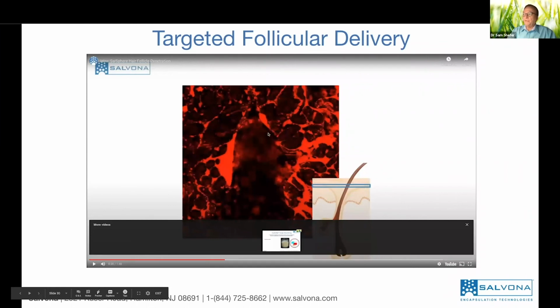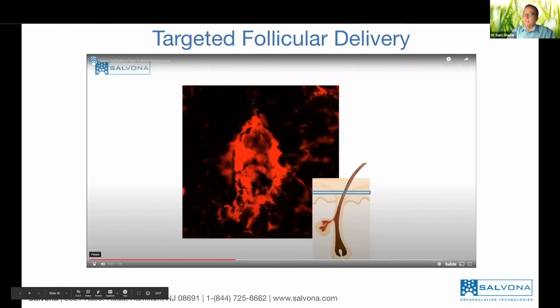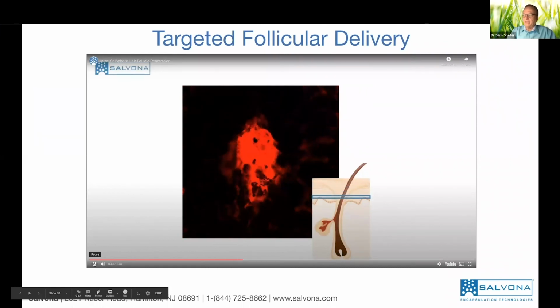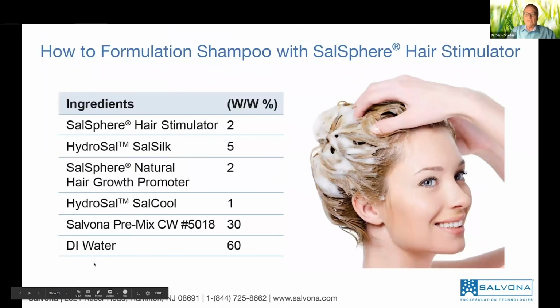And what I'm showing you with the arrow is the hair follicle. It's a pretty big follicle on pig skin. As we go deeper, you see how the red is concentrated into the tunnel, and all the red eventually disappears in this tunnel, indicating a special way to penetrate into the hair follicles.